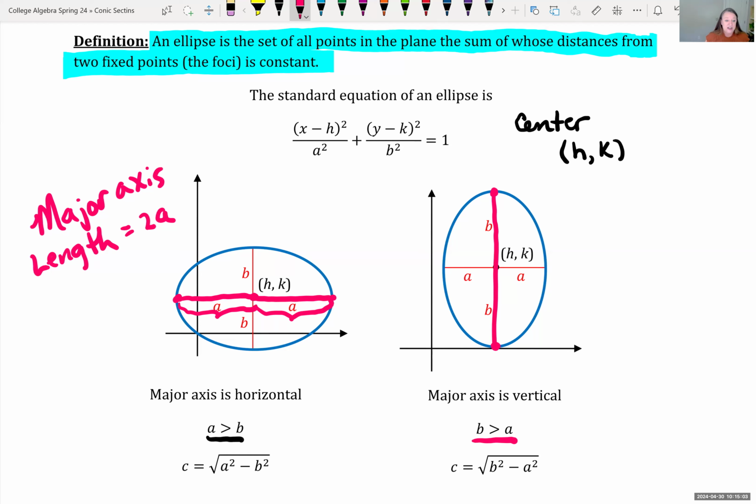For the major axis parallel to the y-axis, notice I have a B value here and a B value here. So whatever the bigger number is in the denominator tells us which way it's elongated. In this case, the major axis length is 2B.